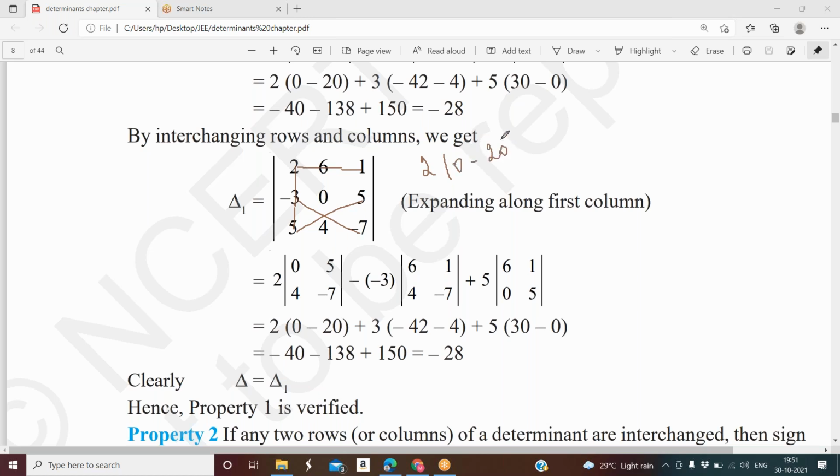Minus 4 into 5, minus 20. Then minus 6. When you write the next element, you will add minus here. So minus 21, minus 20, right? Then plus 1 into minus 3 into 4, minus 12.